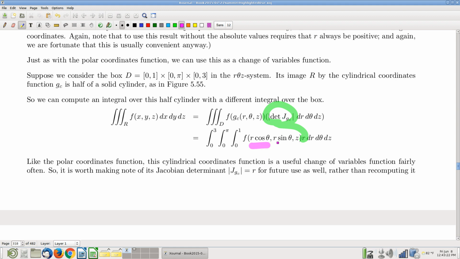X is R cosine theta, Y is R sine theta, Z is still Z. Nothing happens with Z. And here are our very convenient bounds for our new box pullback domain. And we have now got a relatively easy integral to work out. The bounds, at least, are no problem.